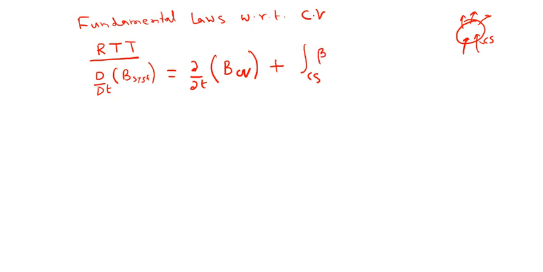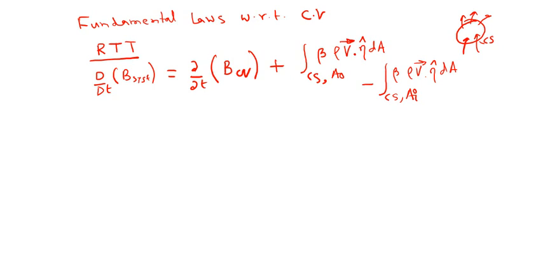So if beta is the property per unit mass, then it is integration of beta rho V dot eta cap dA, where eta cap is the unit vector for a small area, over the area AO through which the mass is going out, minus integration of beta rho V dot eta dA over the area through which the fluid is coming in, the rate of property coming in with the mass.